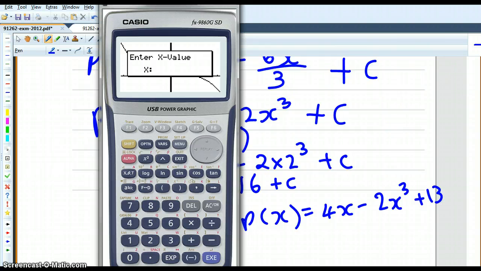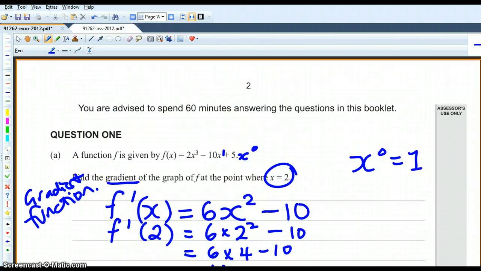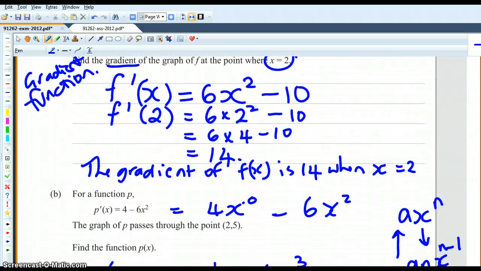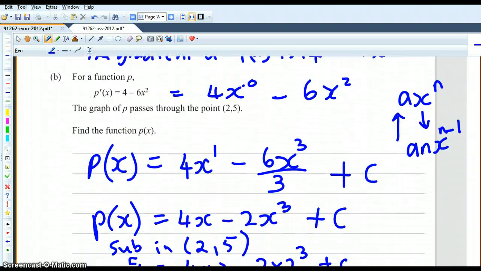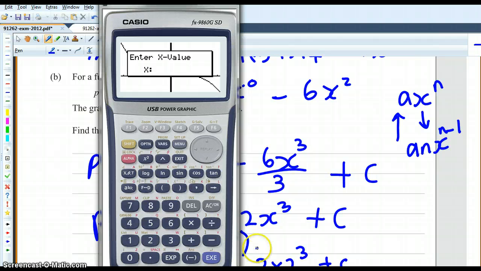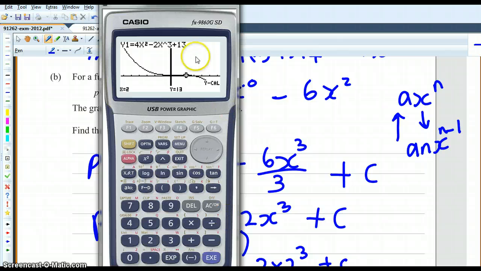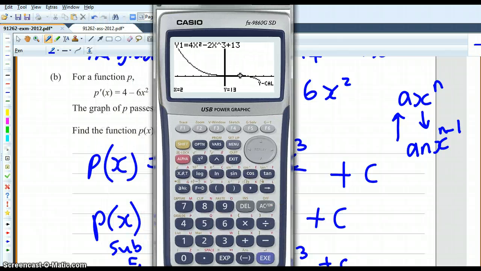Now when x is, let me go back to my question. There was my original graph. The graph of p passes through the point 2, 5. So let's have a look. When x is 2, y is 13.